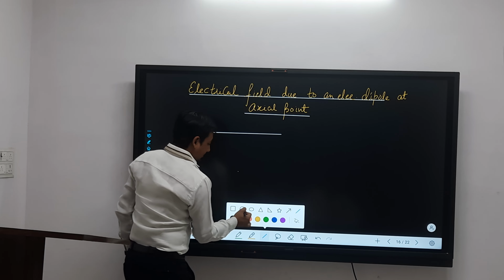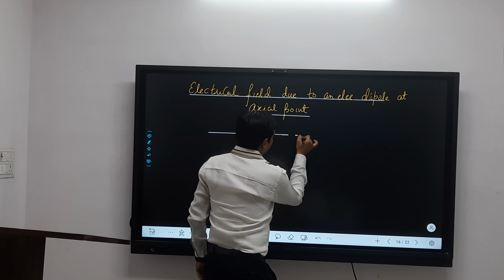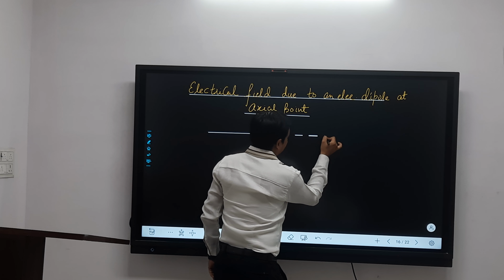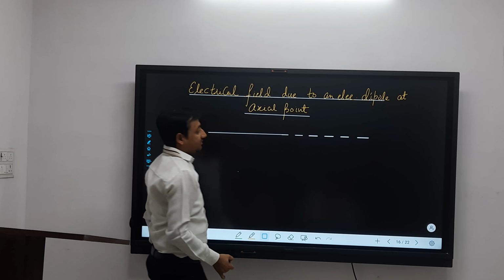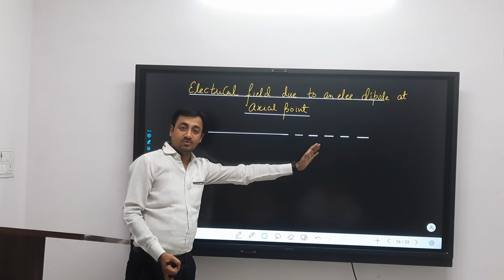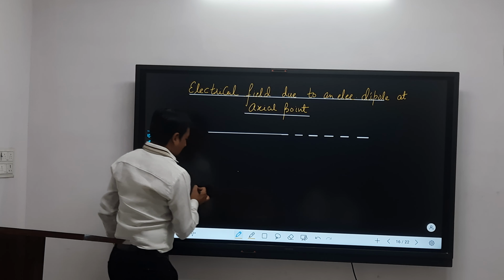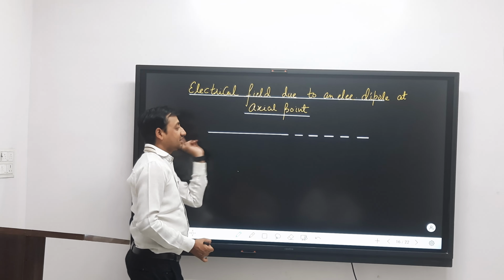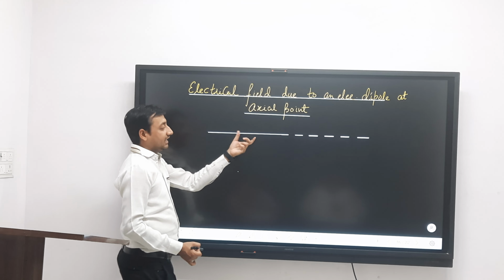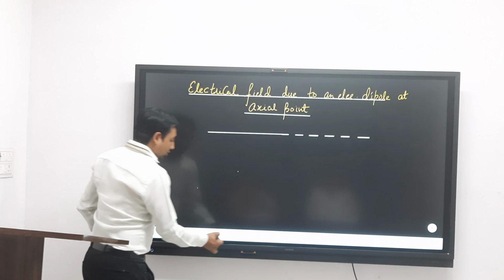Let's suppose this is the axial point. Axial means on this x-axis, on the side end. We will find the electrical field at the side end, either this end or this end.